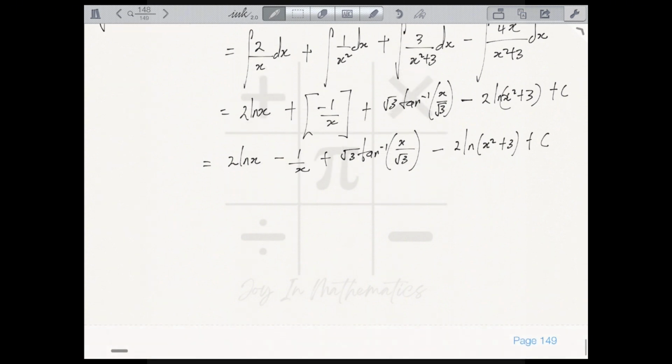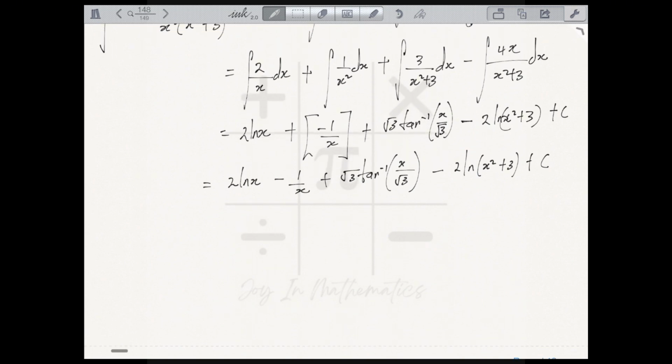Now we can leave our answer this way, or we simplify applying the law of logarithm, where this will become ln x squared, and this will give us ln (x squared plus 3) squared plus c.